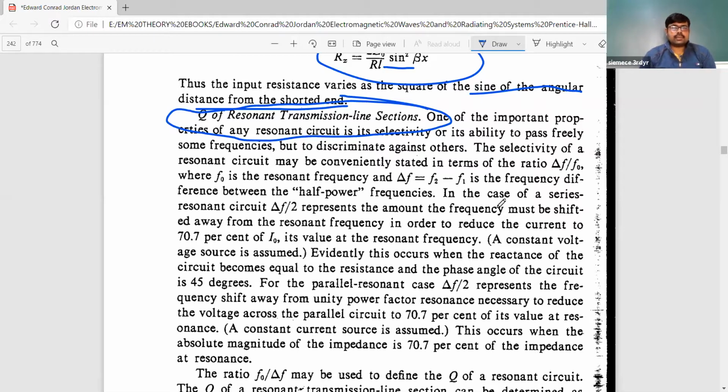In the case of the series resonance circuit, del F by 2 represents the amount the frequency is shifted away from the resonant frequency in order to reduce the current to 70.7% of I naught, its value at the resonant frequency. A constant voltage source is assumed.